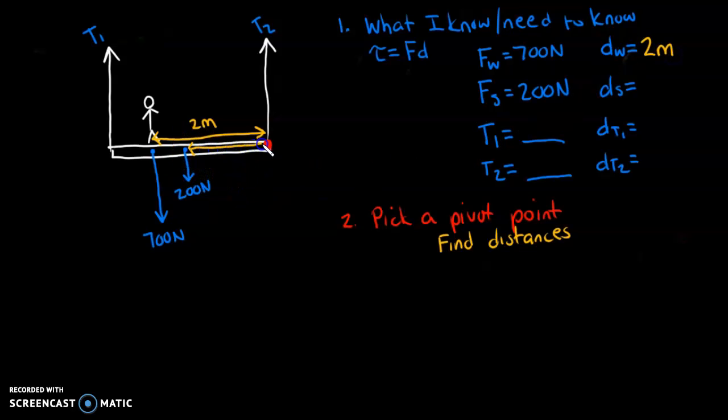My center of mass of my 3 meter board from one end is 1.5 meters. The distance from T1 to T2, a little bit farther, is the 3 meters that make up the board, and the distance from my pivot point to T2 is 0.